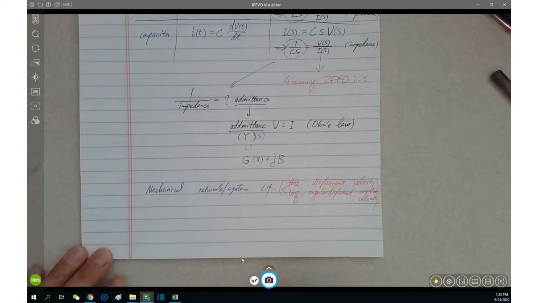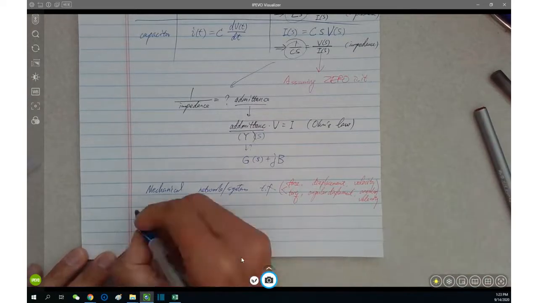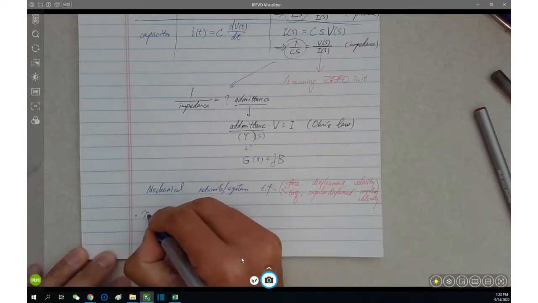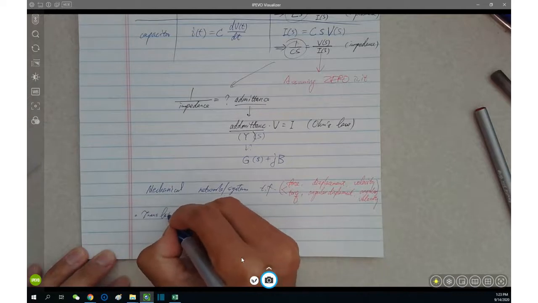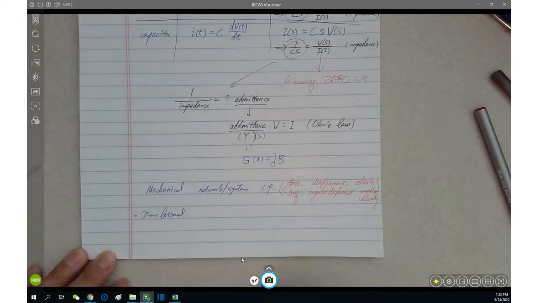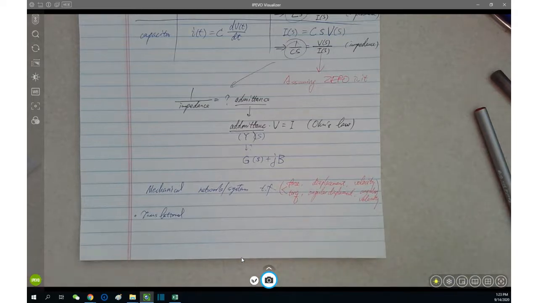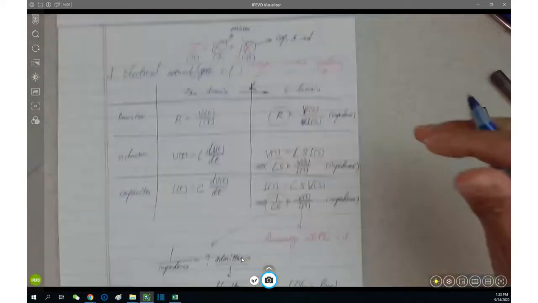Let's talk about the translational system first, in which we can study the relationship among force, displacement, and velocity. We're going to have another table obviously.